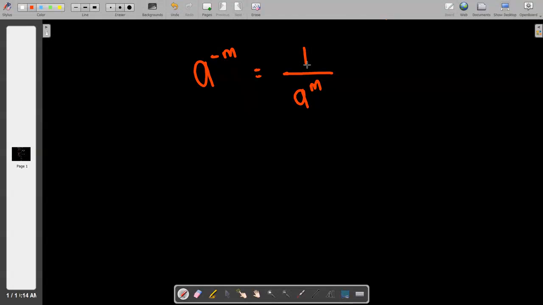The 1 goes on top as what we call a placeholder. Without that, the fraction would be empty. So if the A is going to move downstairs, I need someone upstairs to kind of watch the front door. That's how that works. So an example of this would be quite simply, say you had 5 to the power of -2.